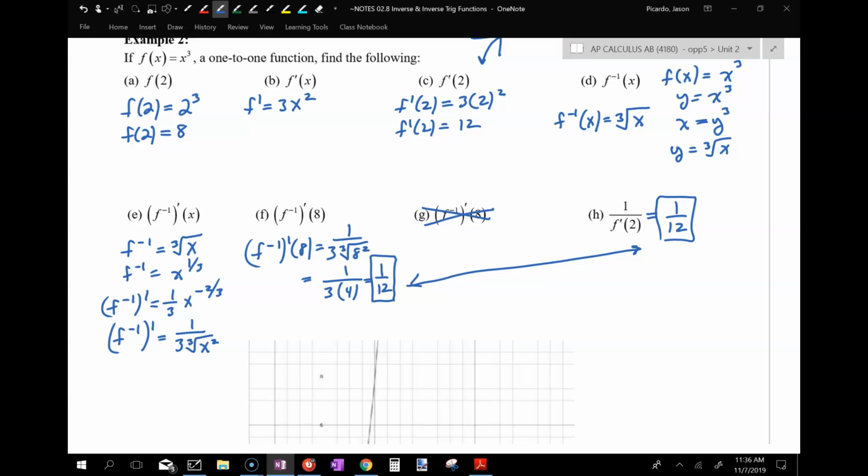And what we said was, if I want to know the slope of my inverse at a corresponding point, it's the same as 1 over the derivative at the x value's corresponding point. So in other words, if I never took my derivative, right?